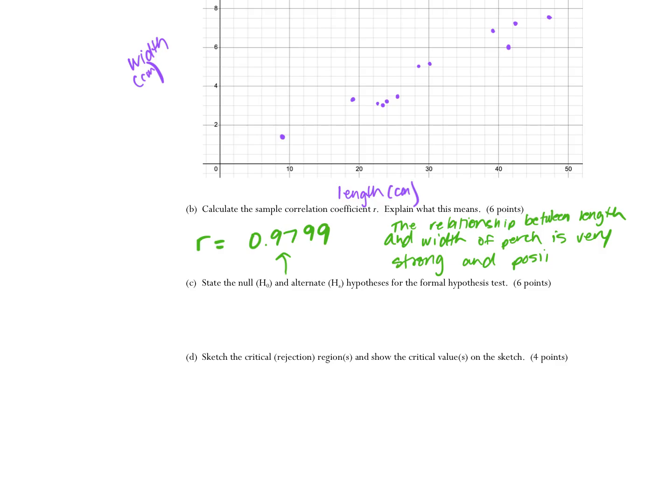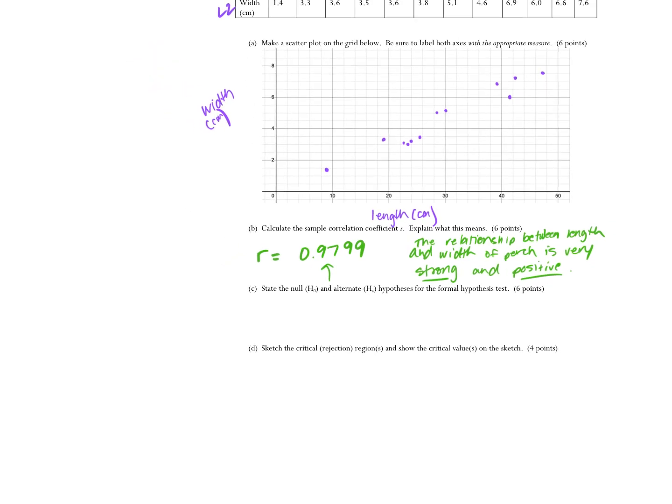I would be looking for context, strength, direction. Because that's what that means. If this was, instead of being 0.97, what if it was 0.6? I would call it moderately strong and positive. If it was negative 0.2, I would call it very weak and negative. Everybody good? Okay.